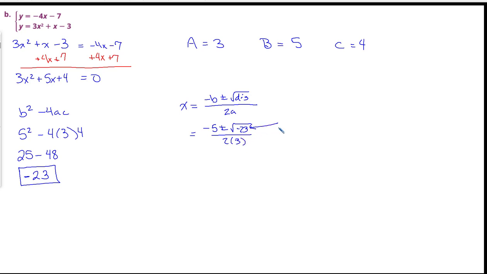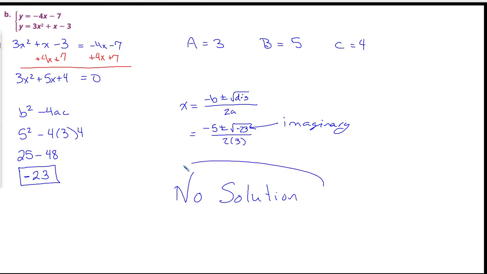When we take the square root of a negative number, that's going to result in an imaginary solution, which means the answer is no solution, because there's no time that the line is going to cross that parabola. So again, if you get an imaginary solution, that means the answer is no solution.